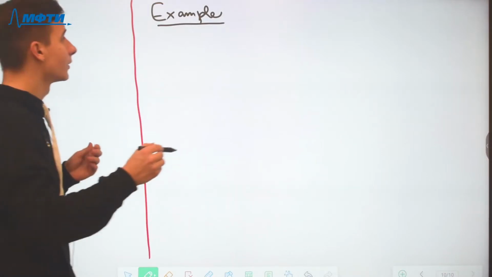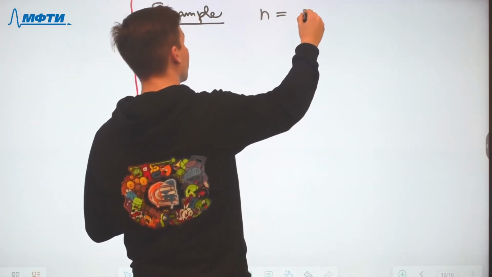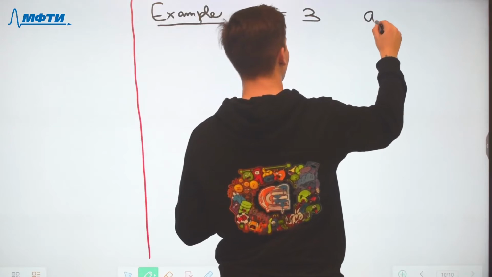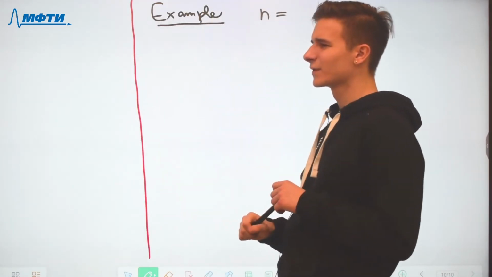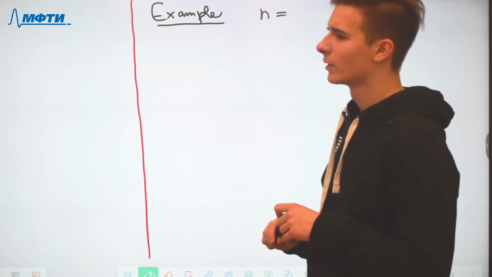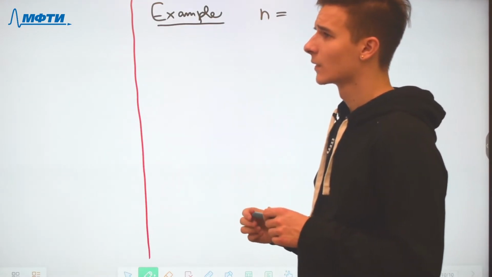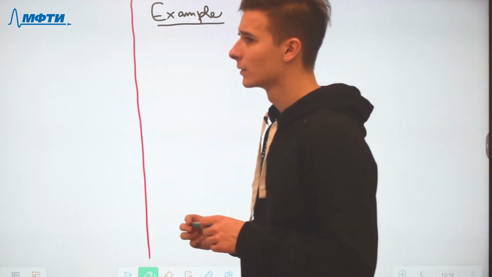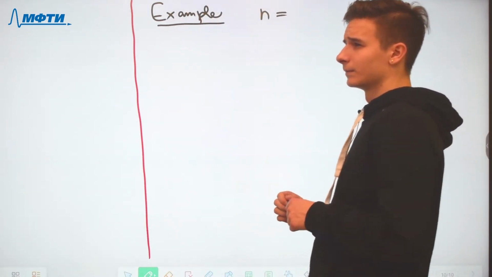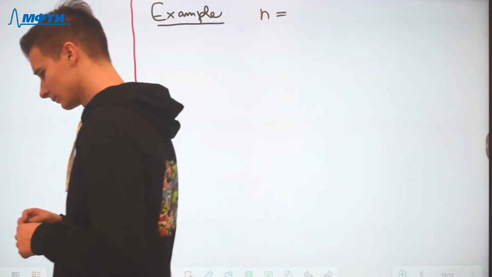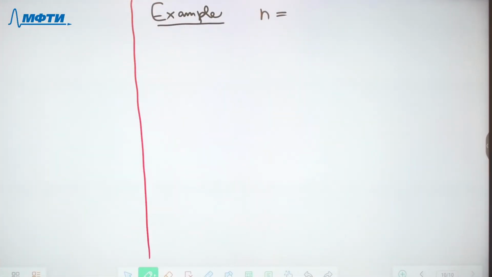Okay, for example, n equal to 3. Oh, no, sorry, it is a prime number. Yeah.